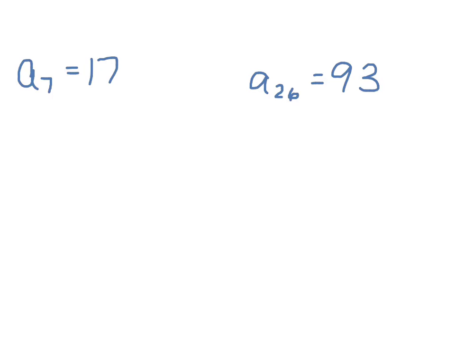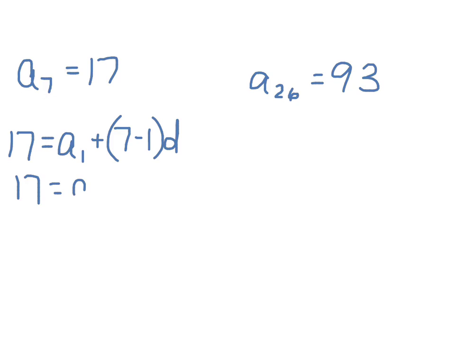On the first one it says that when I plug in 7, I get out 17. So that means that the 17 would go here. You don't know A1. What's the n? 7 minus 1 times the D. What is 7 minus 1? 6. Good. So 17 equals A1 plus 6D.